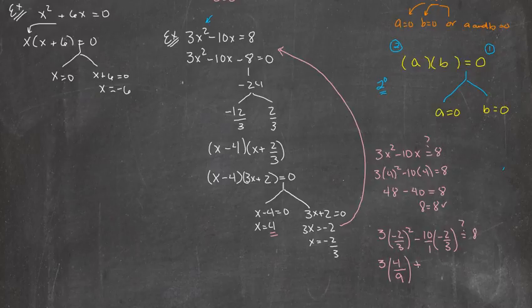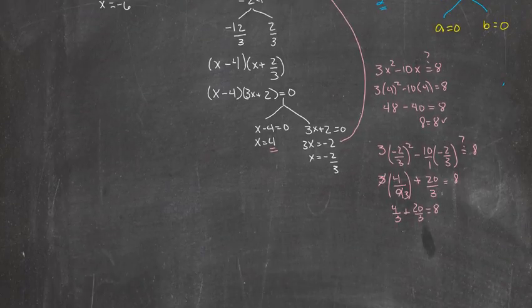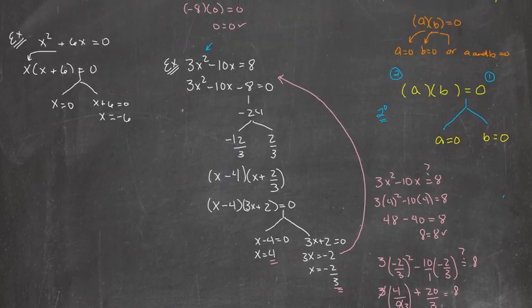A negative and a negative is a positive. 10 times 2 is 20 over 3. 3 times 1 equals 8. So I can cancel a 3 with this denominator, and I get 4 thirds plus 20 thirds equals 8. Running out of room here. And so I have 24 divided by 3 equals 8. 8 equals 8. That is indeed the other solution to this equation.